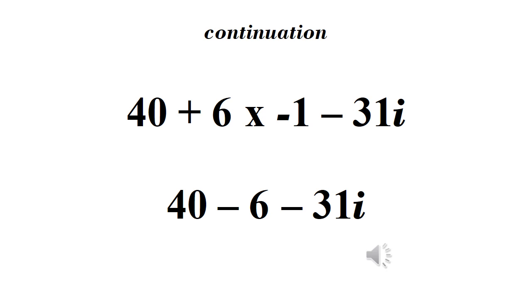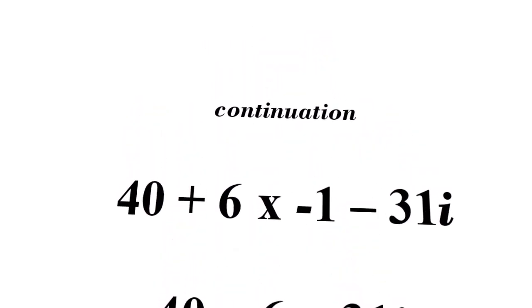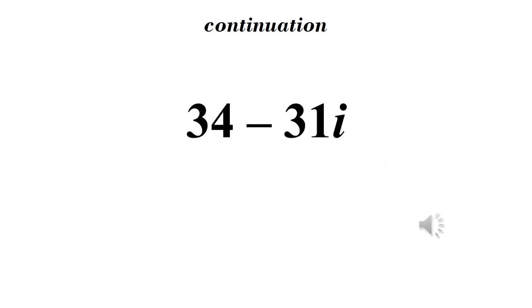So we have 40 minus 6 minus 31i. So 40 minus 6 will give us 34 minus 31i, and that will be our final answer. So the final answer is 34 minus 31 imaginary units.